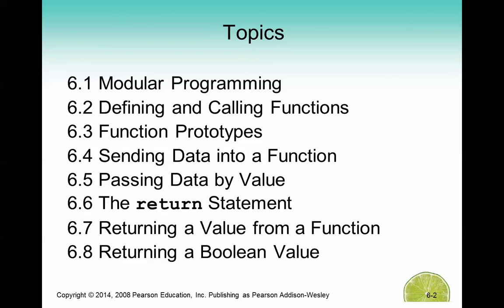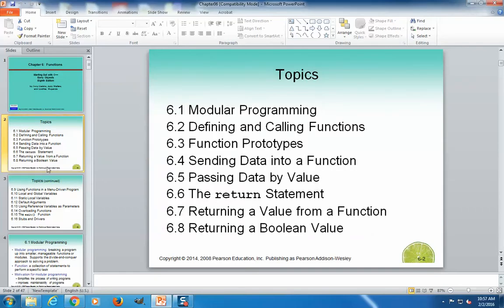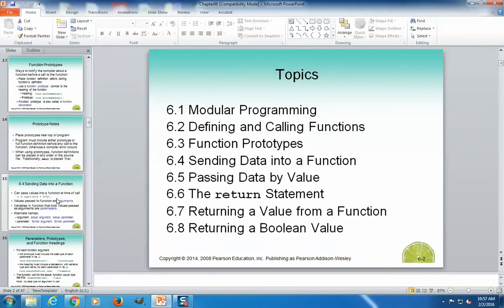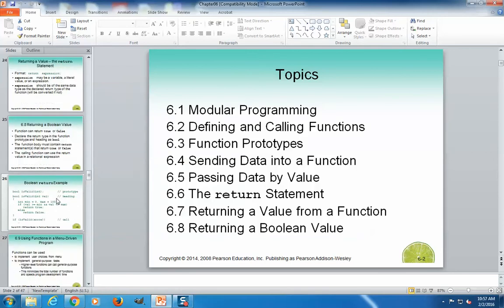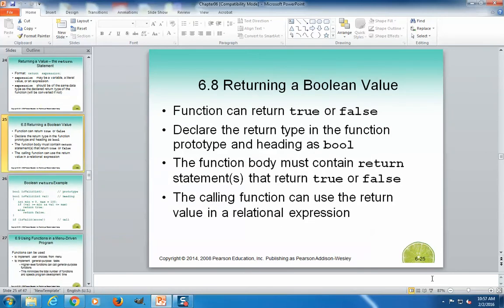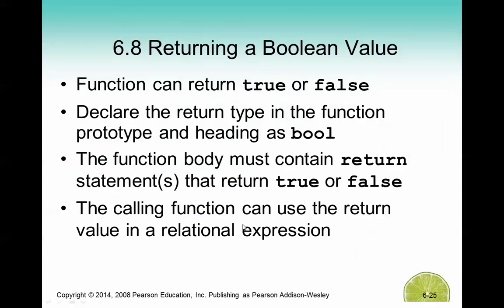Today we're going to start with section 6.8, which is returning a Boolean value. Remember, a Boolean value is the state of true or false. So if I'm going to be sending this value, then my return data type has to be Boolean.